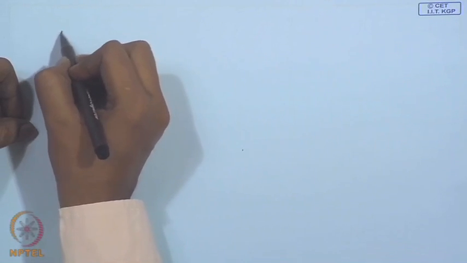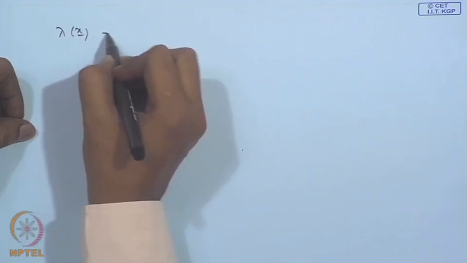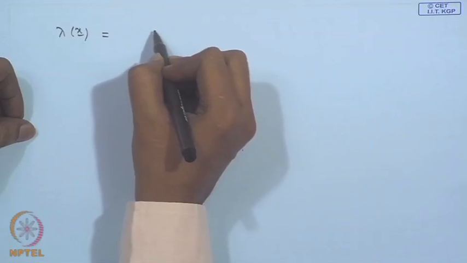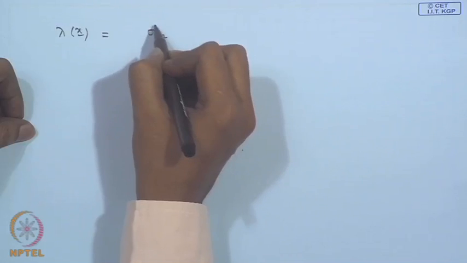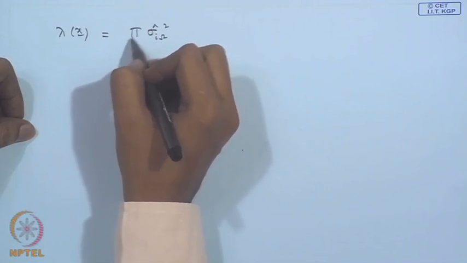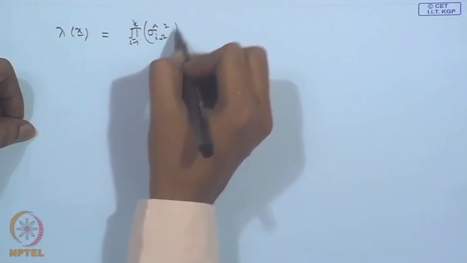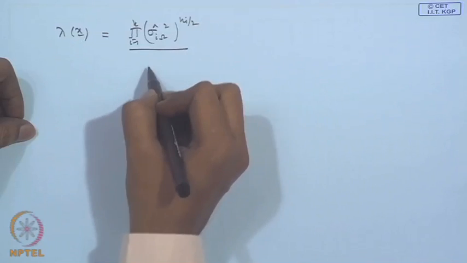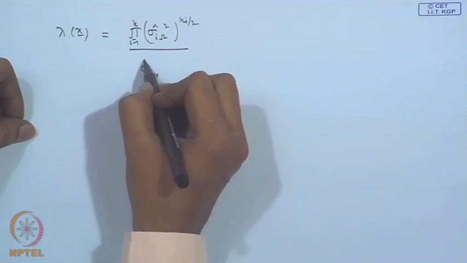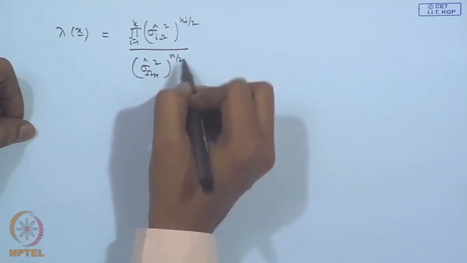So, lambda x is equal to product i equals 1 to k of sigma_i omega hat square to the power n_i by 2, divided by sigma omega h hat square to the power n by 2.